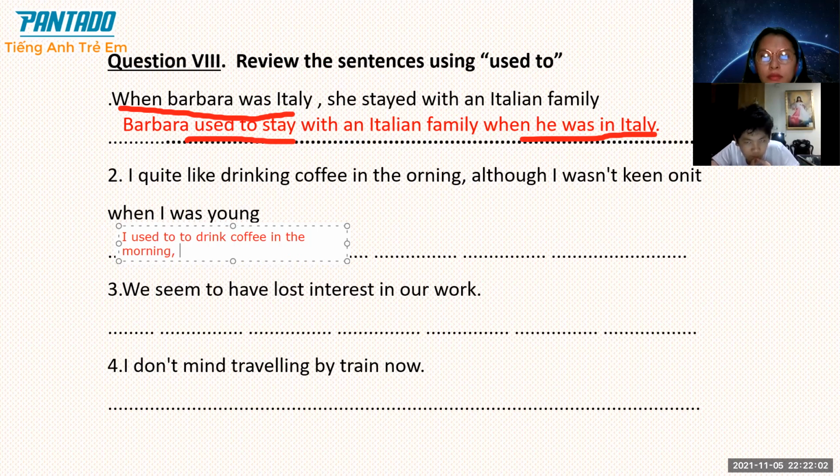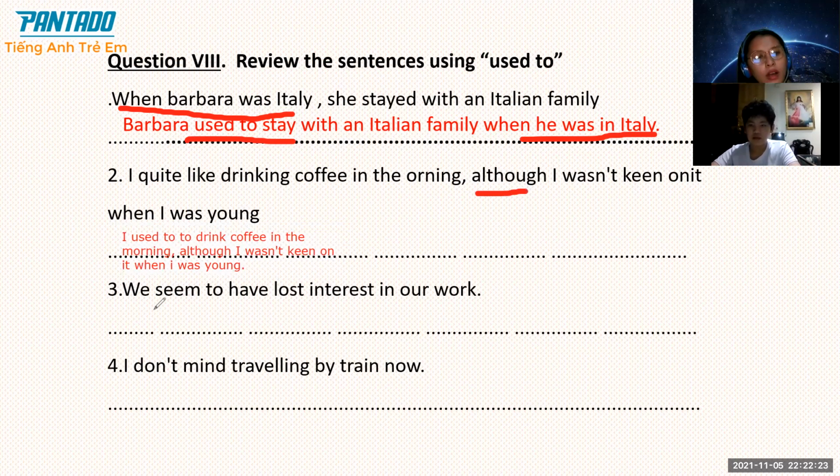I thought I wasn't keen on it when I was young. Okay, that is although. This one is although. So how about number 3? We seem to have lost interest in our work.